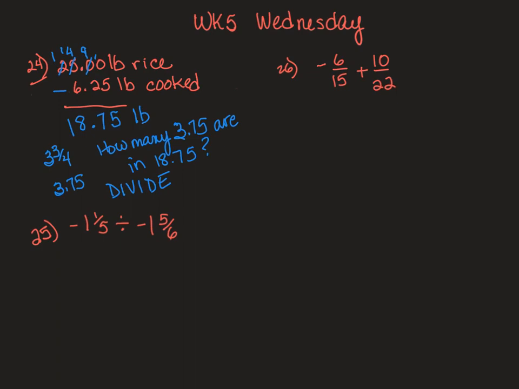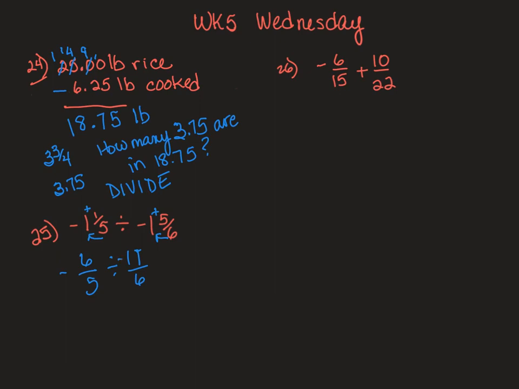So I'm going to take 5 and multiply it by 1, because I know in one whole there are 5/5, and add this 1 up here, and so now I have 6/5. Negative, let's not forget the negative, and I'm going to divide by, so 6 times 1 is 6 plus 5, and that's going to be 11/6. All right, so I got negative 6/5 divided by negative 11/6.